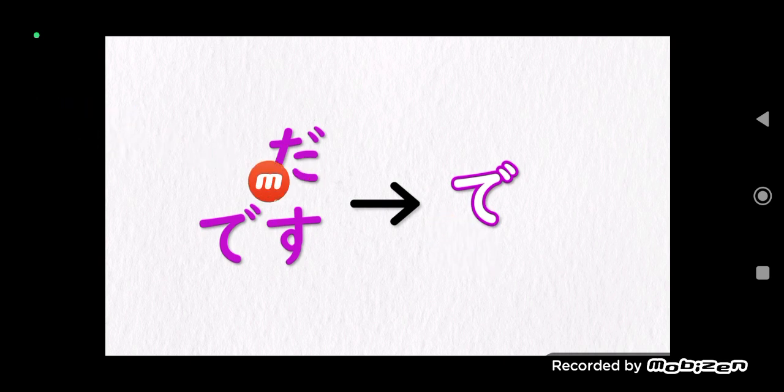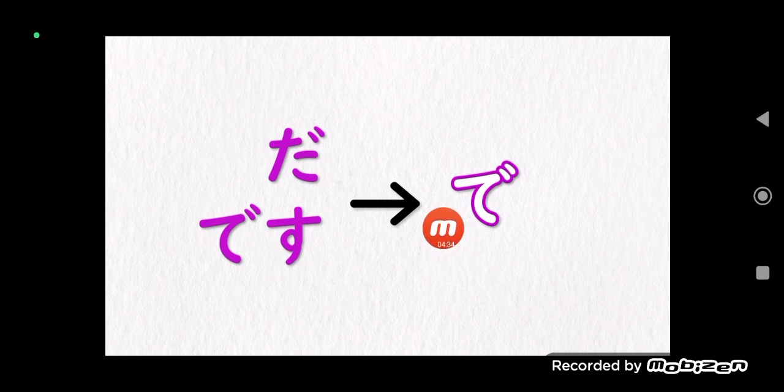Remember that this de is significantly different from the particle de that we have discussed before. That contextual particle de, discussed a few months ago, was used to indicate the manner of doing something, or in what kind of place you are doing such action.